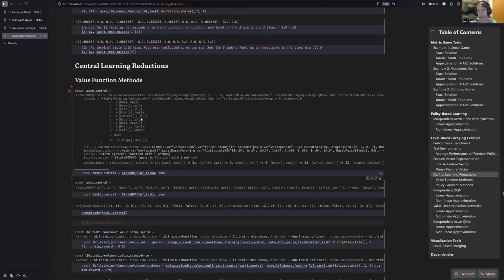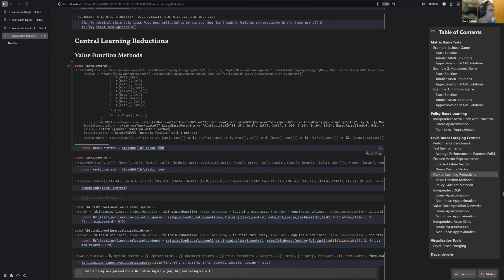And then we just proceed as if we're doing ordinary reinforcement learning, and we try to maximize, in this case, the sum of the rewards across agents, or this could also easily just be the first item in the reward signal if all the agents are sharing the same reward.